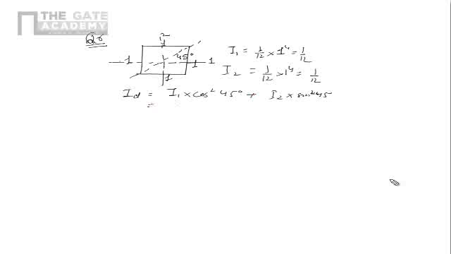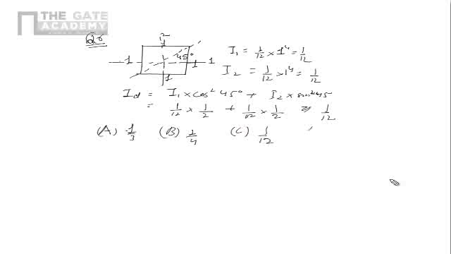If I do this, I get I1, which is 1 upon 12, into cos 45, which is 1 upon square root 2, so the square is 1 upon 2, plus 1 upon 12 into again 1 upon 2. So that is 1 upon 12. The answer is 1 upon 12. Now let's see the answers provided. The options: A 1 upon 3, B 1 upon 4, C 1 upon 12, and D 1 upon 6. Answer C is the right one, which is 1 upon 12.